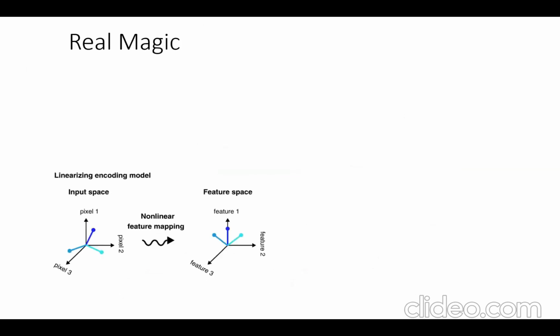And effectively, how we choose this feature space is the real magic. It's the thing that I'm not going to cover super much here because it really depends on the type of question you're interested in addressing.